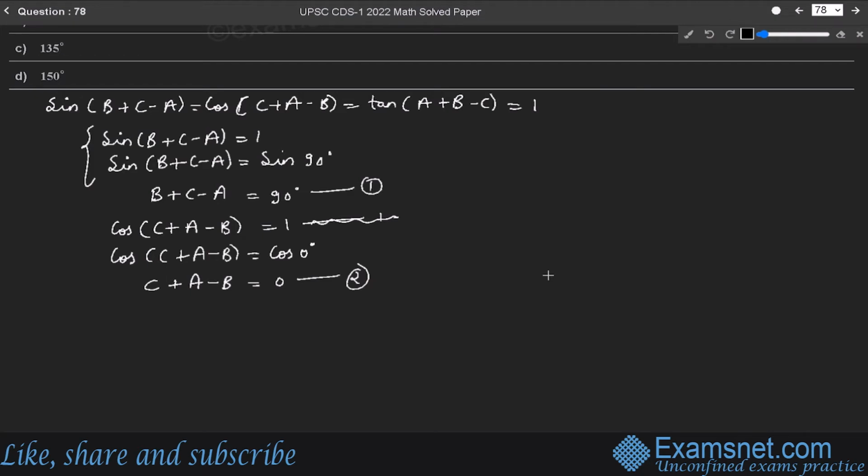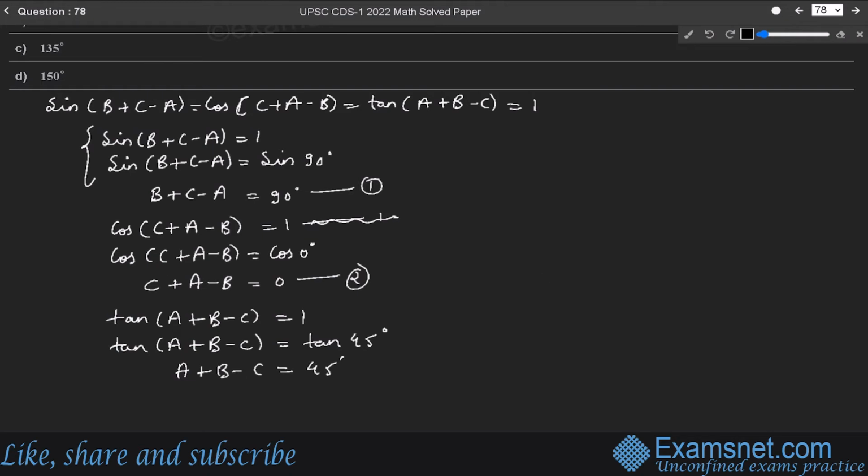Now let us look at the third part of the given expression, which is tan(A + B − C) equals 1. It can be written as tan(A + B − C) equals tan 45, because we know that the value of tan 45 is 1. So from here we get A + B − C equals 45 degrees.